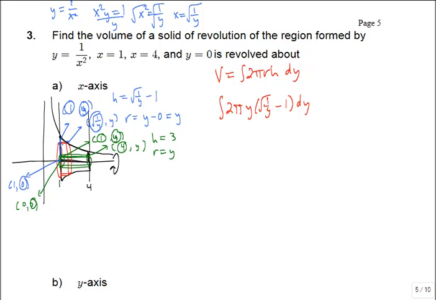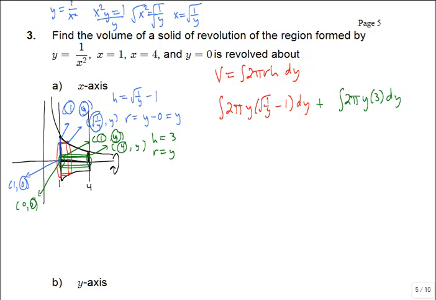What's different between my red cylinder and my green cylinder is the height function. The green cylinder always has a constant height of 3, whereas the red cylinder has a height that's changing depending on where I am on the curve. So for this green case, my volume integral would be 2 pi times the r, which was y, times the height, which was 3. So we actually need 2 different integrals, and we would need to add the 2 cases together to get the full volume.